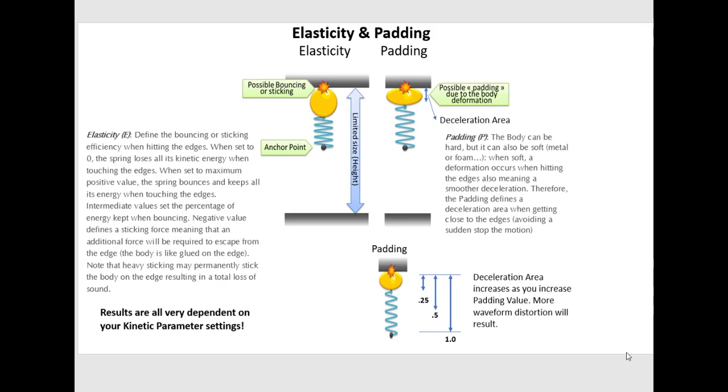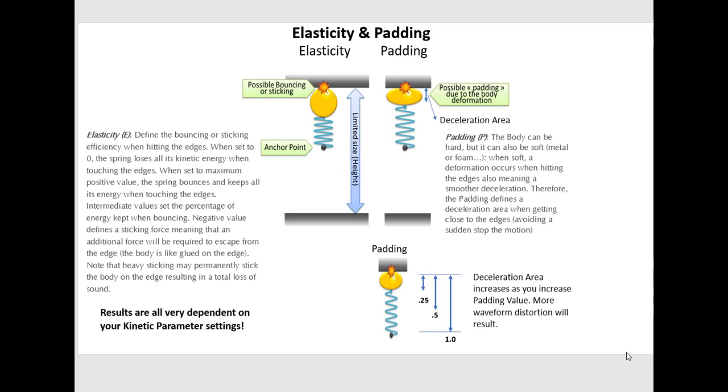Now, padding defines a deceleration area where the mass, in effect, changes properties. With padding, the body can be hard or it can also be soft, metal or foam. When soft, a deformation occurs when hitting the edges, also meaning a smoother deceleration. Therefore, the padding defines a deceleration area when getting close to the edges, avoiding a sudden stop of the motion.